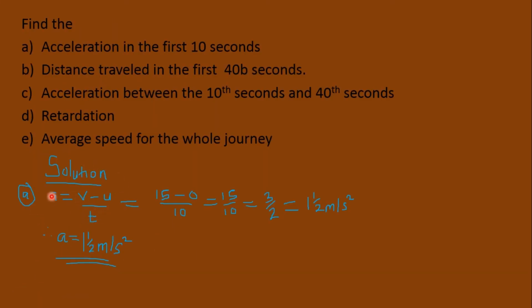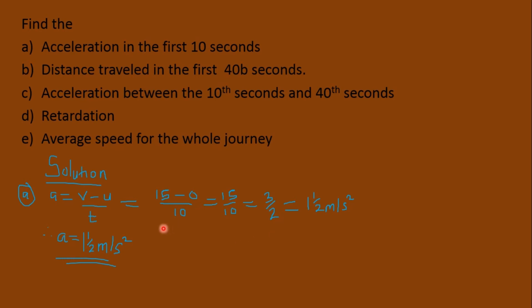The formula is acceleration equals final velocity minus initial over time. So 15 minus 0 divided by 10, which is the time taken, is 15 over 10, 3 over 2, and that gives us 1.5 meters per second squared. That should be your acceleration in the first 10 seconds.